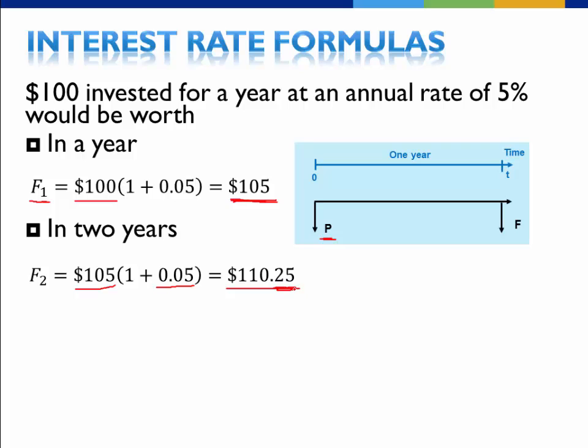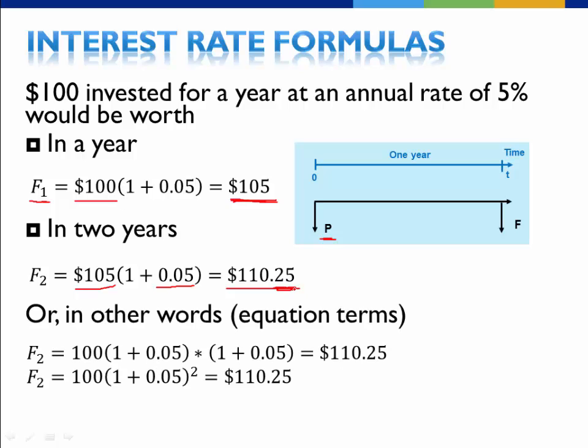Now let me elaborate on this equation. This 105 for the same ID at the end of the second year. So this 105 is actually this. And if you think about why I know that this 105 is this, it's because it comes from here. Can you see?